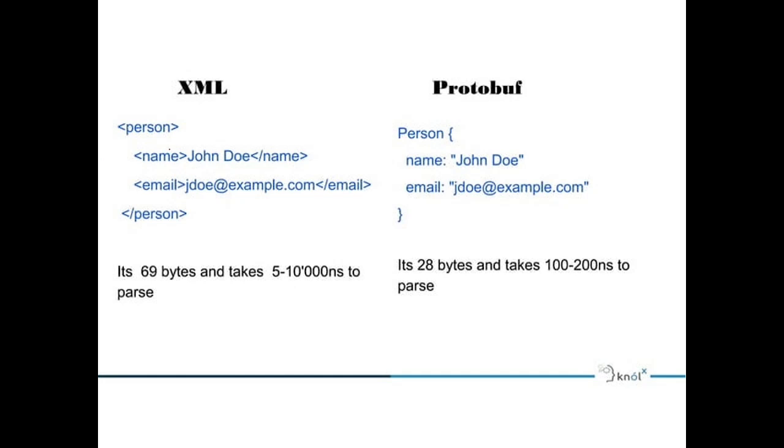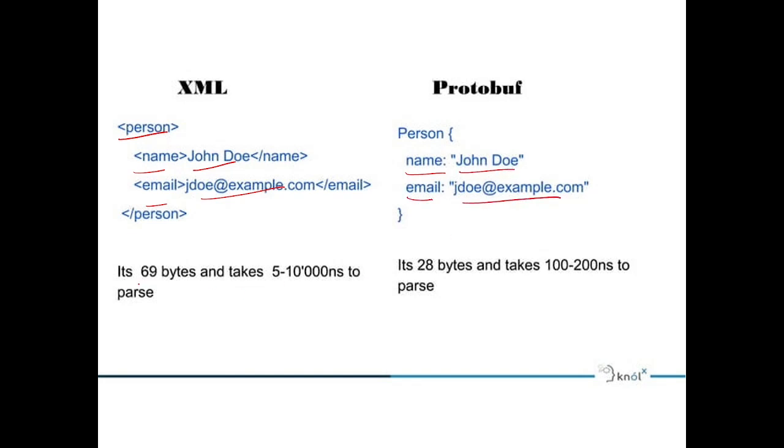Let's move to an example. We have a person in XML, and then we have a name and an email. The same thing we can do in protobuf: we declare the string name and string email.